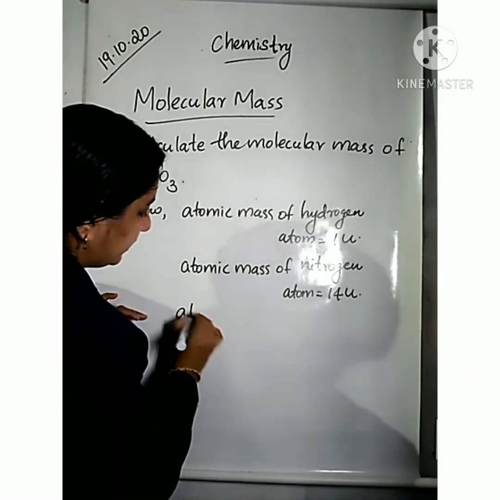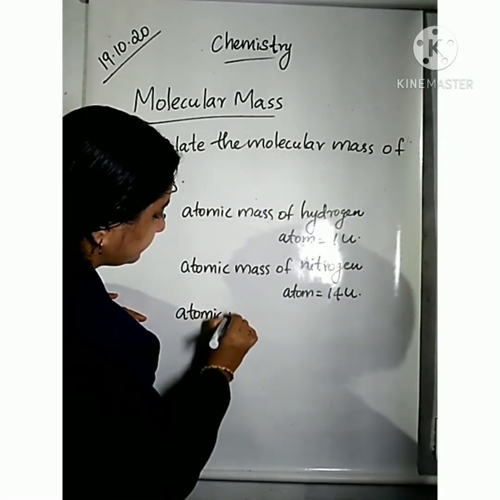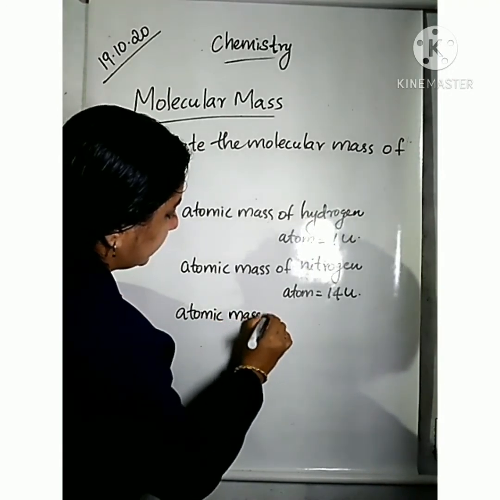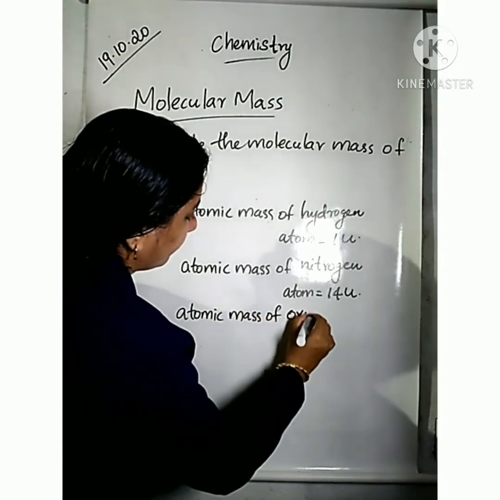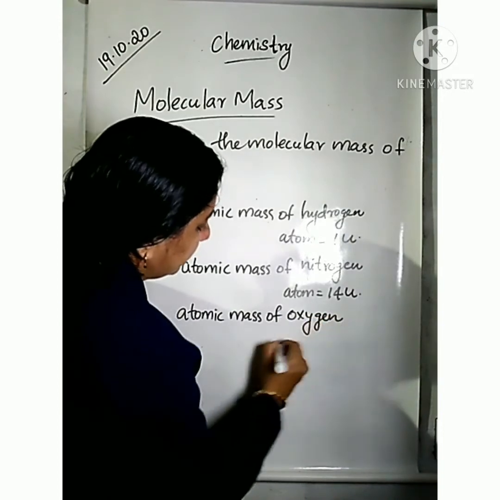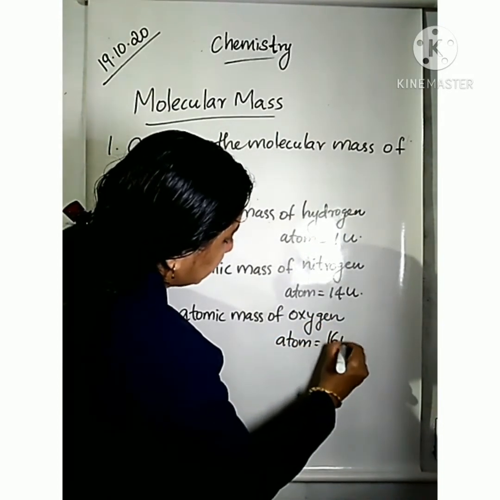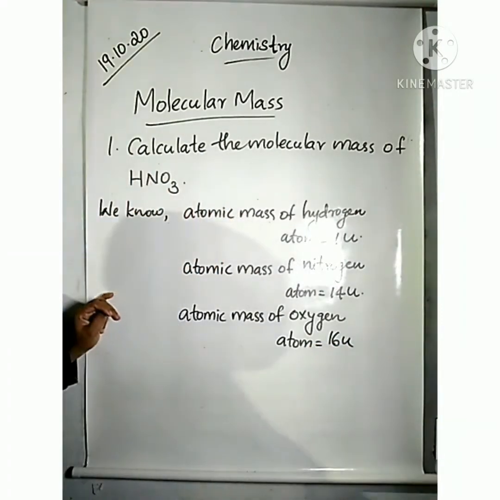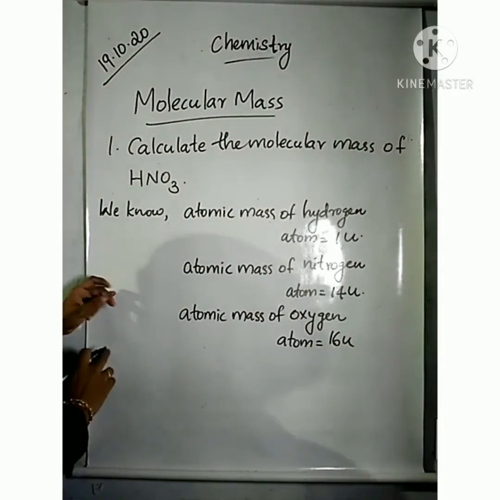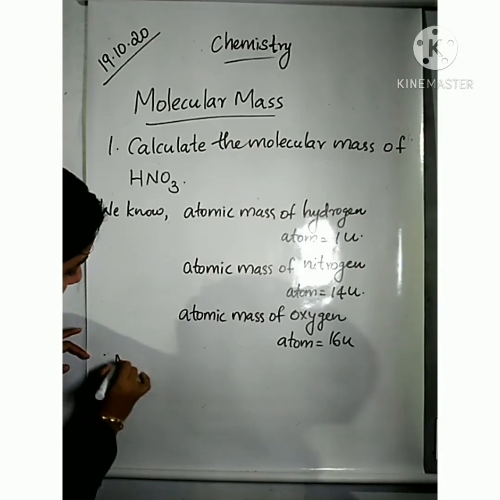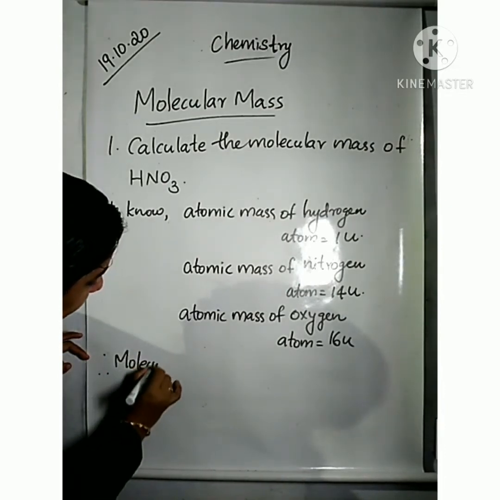Third one, atomic mass of oxygen atom equals 16 AMU, 16 atomic mass unit.